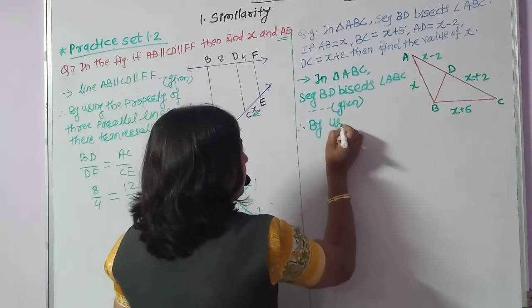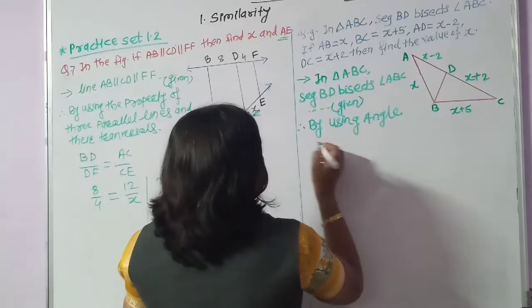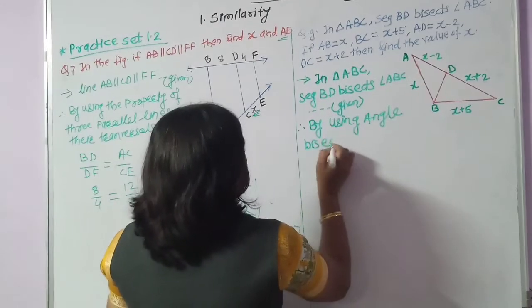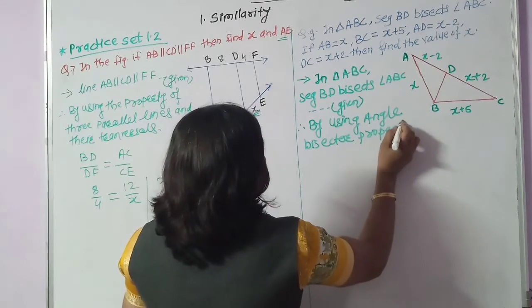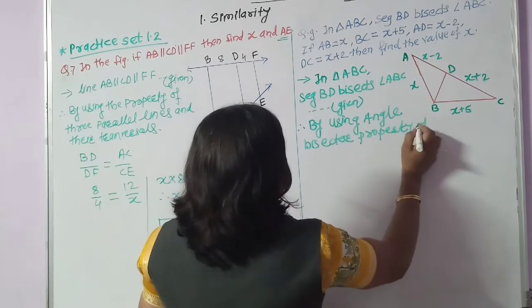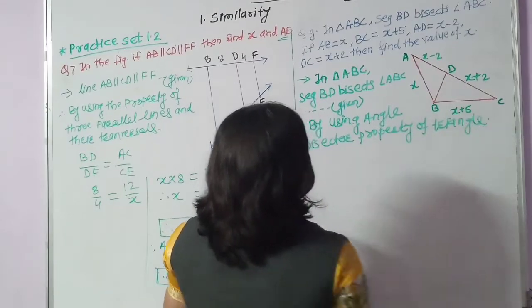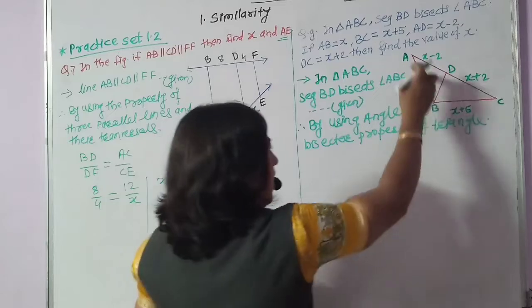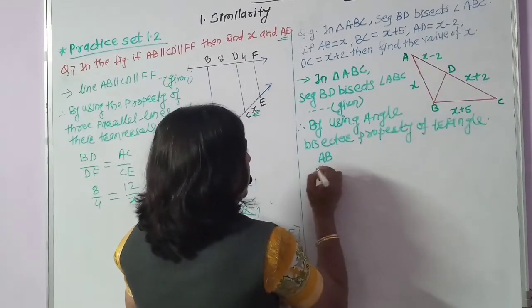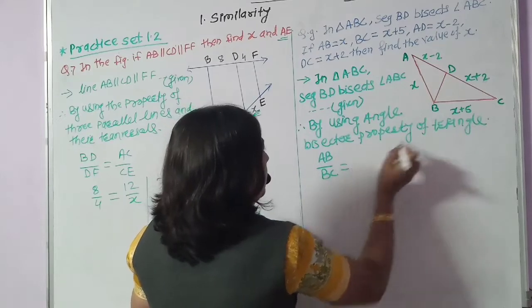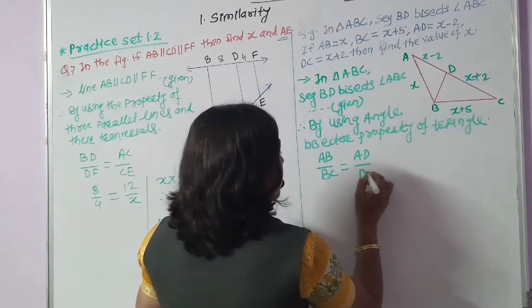Therefore, by using the angle bisector property of triangle, we get AB upon BC equal to AD upon DC.